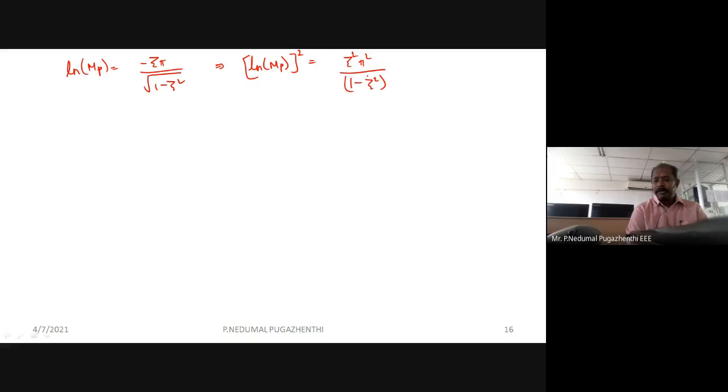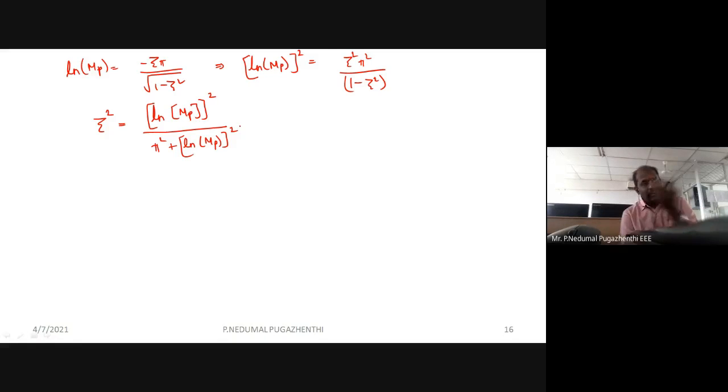So from this, if I want to know the relation between zeta and the other terms available, I will get zeta squared equal to ln of mp the whole squared divided by pi squared plus ln of mp the whole squared.